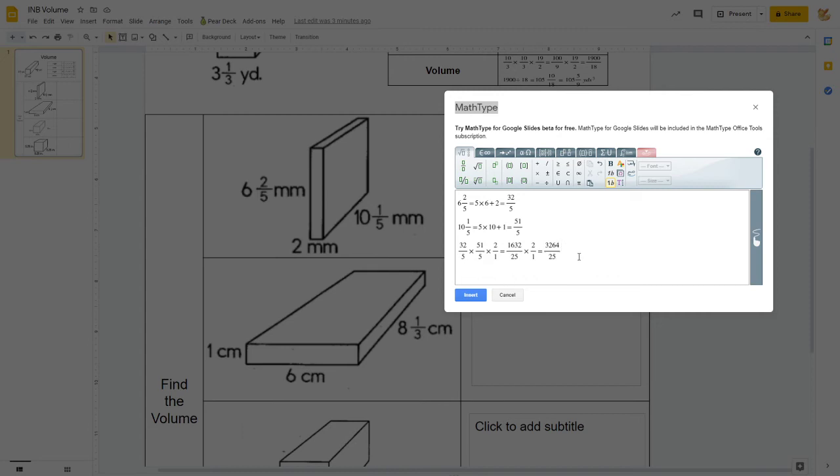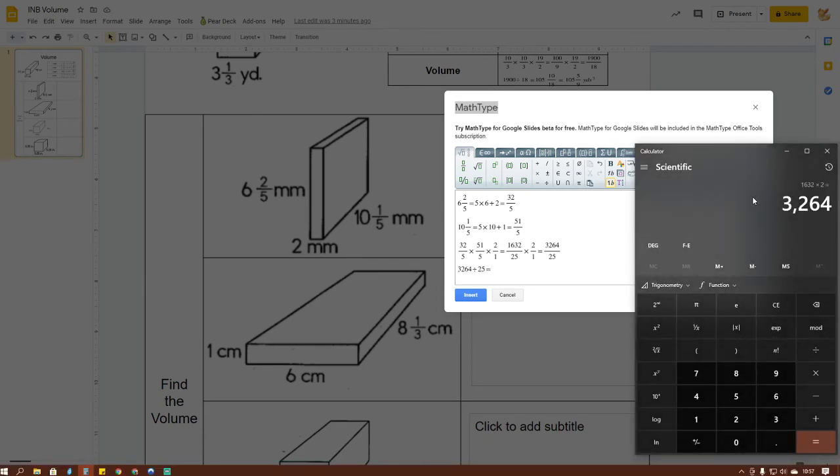So now I'm going to take this equation and divide it by 25. Equals, oh, how many times is that? I know it's not going to go in evenly because it doesn't end in 25, 50, 75, or zeros.